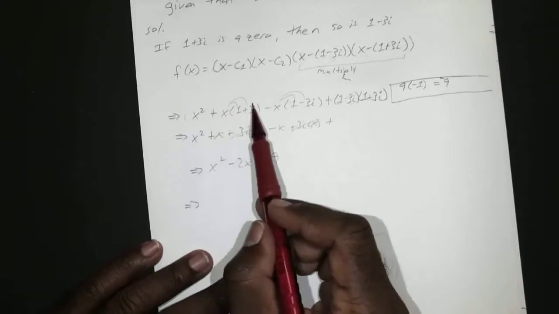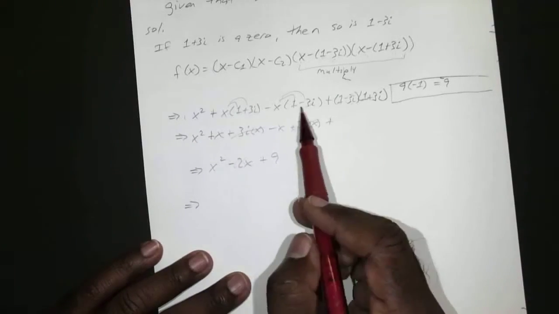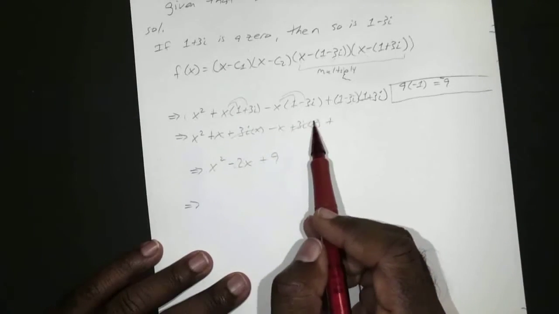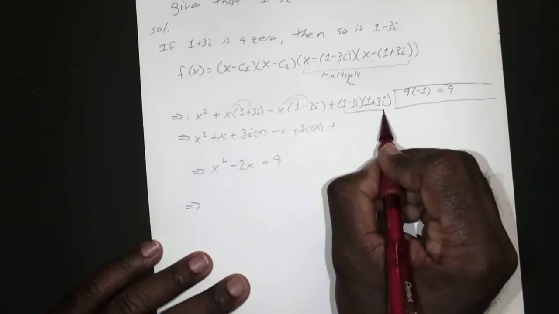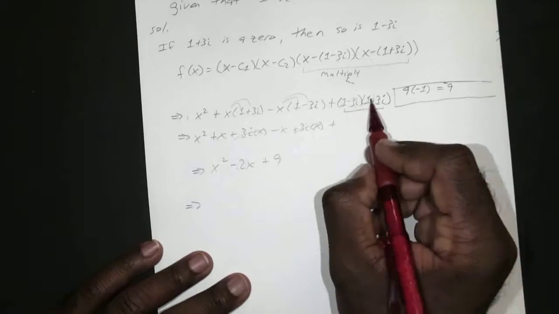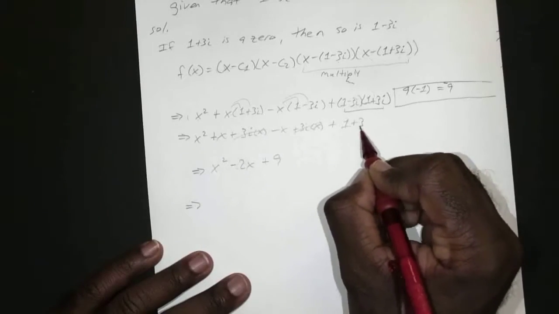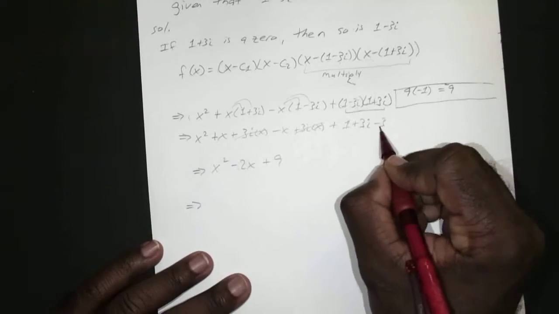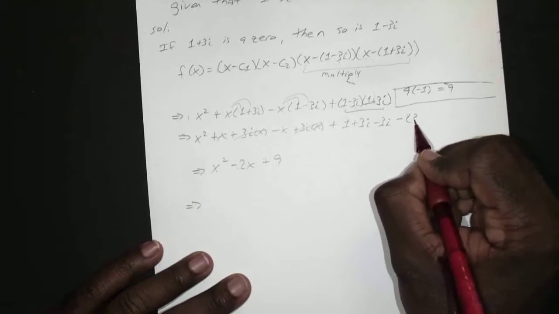Okay, so now we can go ahead and distribute that still, which would make that plus and plus, and that one would be minus x plus 3i. And if we FOIL this one again, we get our 1. Your outer is plus 3i. Your inner is minus 3i. And your last is minus 3i squared.